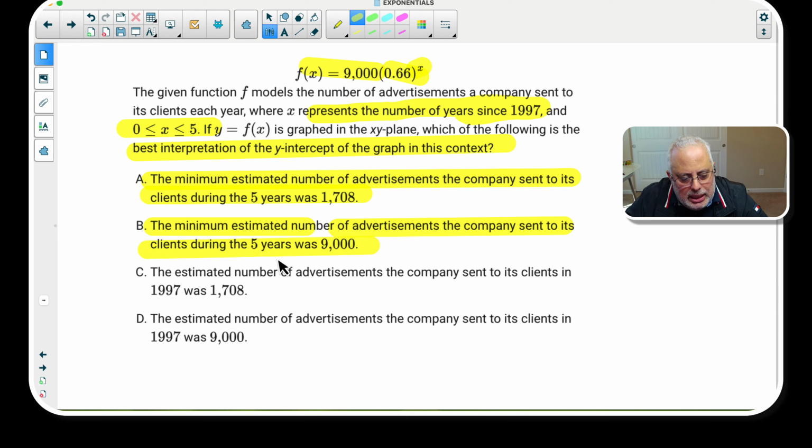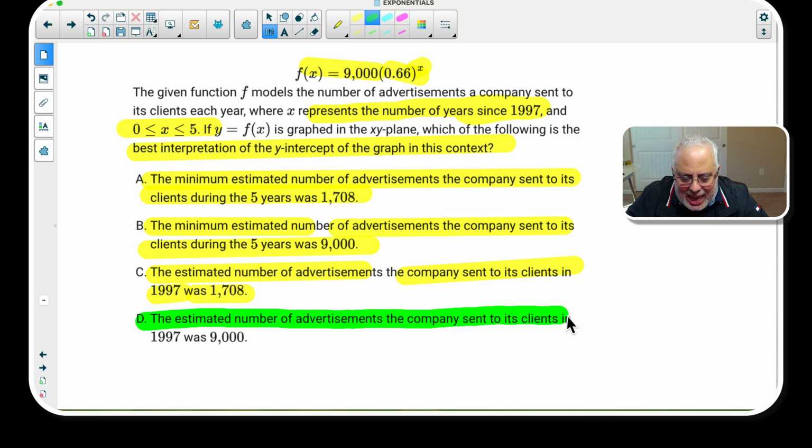No. The estimated number of advertisements the company sent to its clients in 1997 was 1708? No. The answer is right here. The estimated number of advertisements the company sent to its clients in 1997.